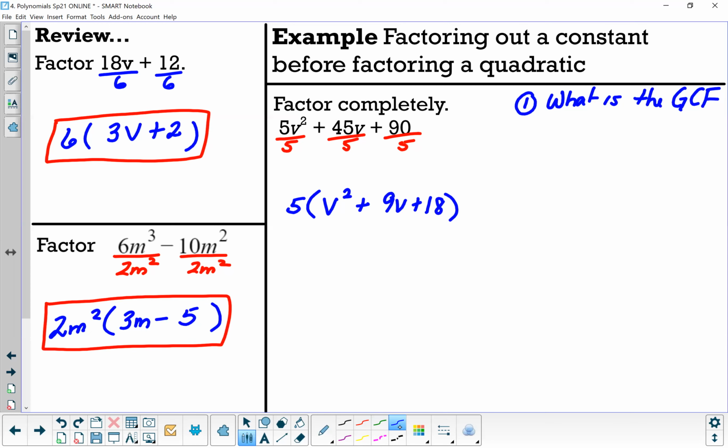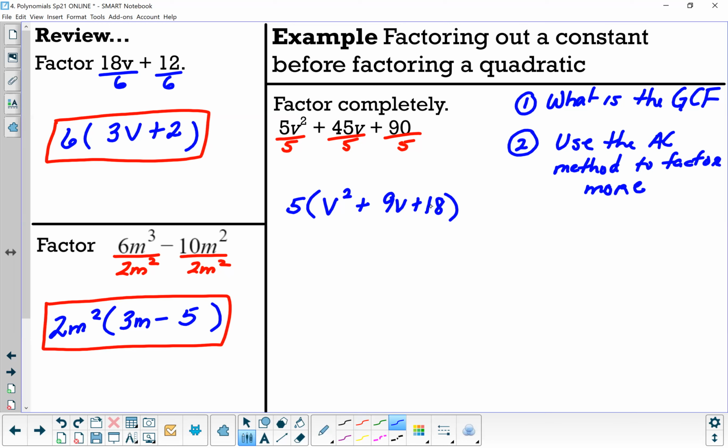Okay, and here now you have to decide. All right, secondly, we're going to use the AC method to factor more. All right, so A is 1, so that's great because that makes this a shortened AC method.